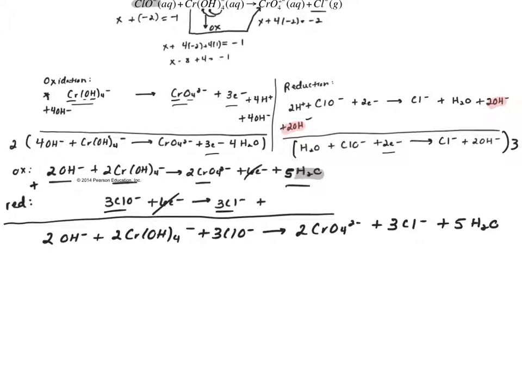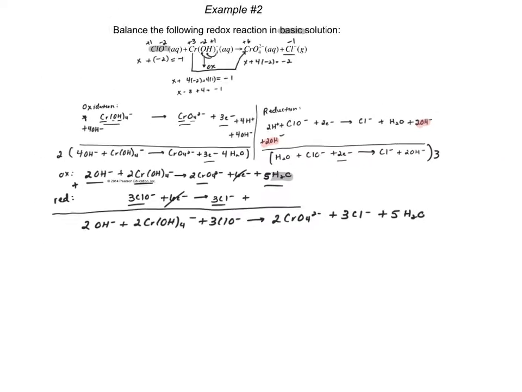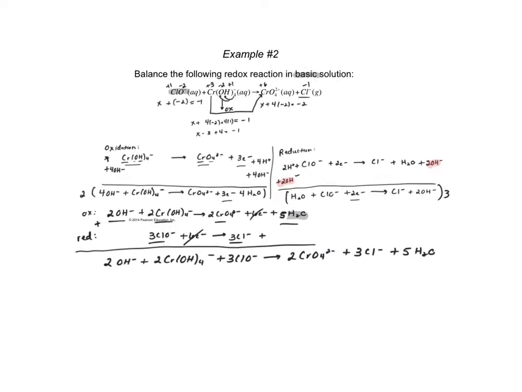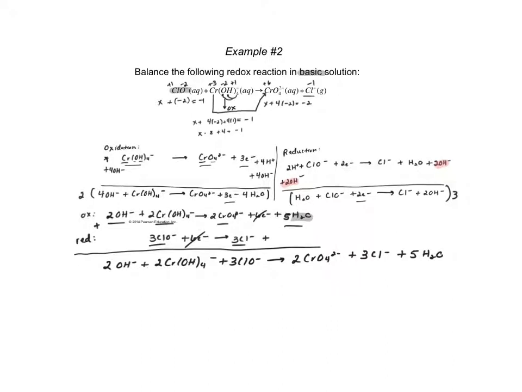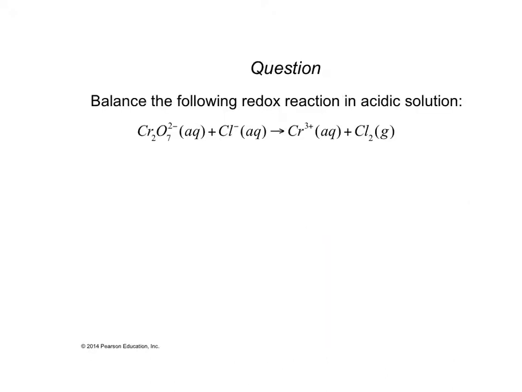Okay, so I want you to try one of these on your own. So the next slide is a question. I want you to balance the redox reaction that I give you in an acidic solution. The only thing I want to note is what the oxidation states are. So I want to give you the oxidation states and then let you go ahead and balance it.